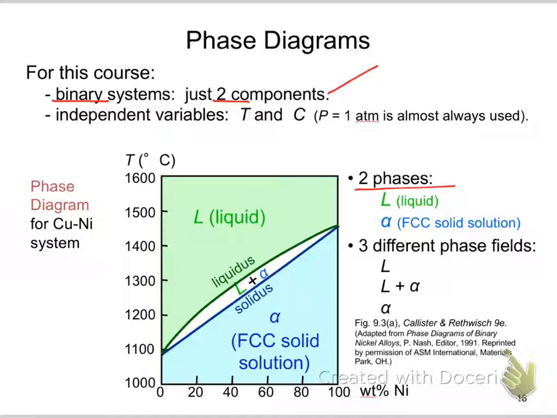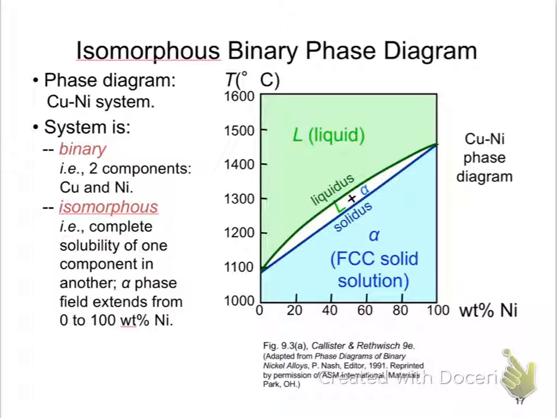We can say that we have different phase fields by saying this is just how many areas in the graph there are. So for this white section, when we have these conditions within those areas, you have liquid and solid at the same time. Both of them are present. Now, because this is a binary system, because it happens to be copper-nickel, which we already talked about as being fully soluble with each other, this is also an isomorphous binary phase diagram.